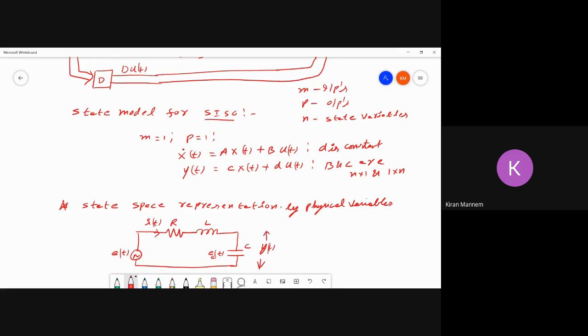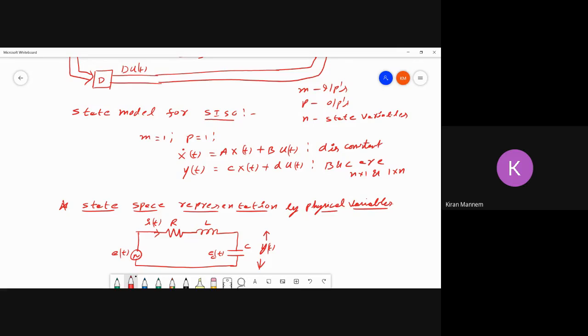Assume this is your output, this is your input, and the current is flowing through this. Physical. Okay. So let us stop it here.